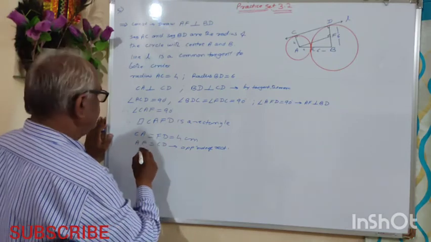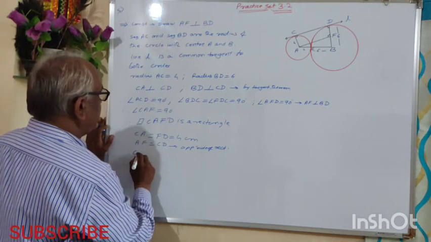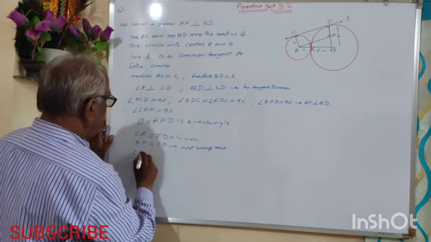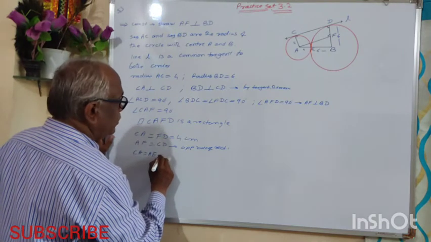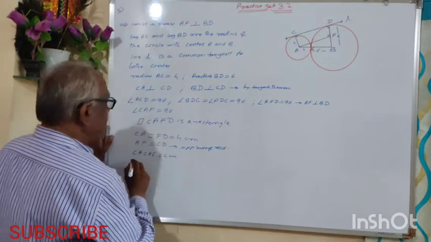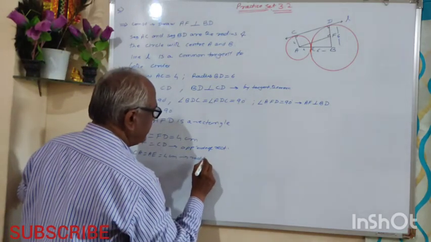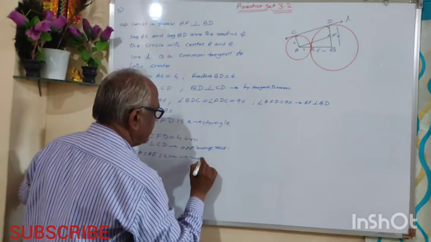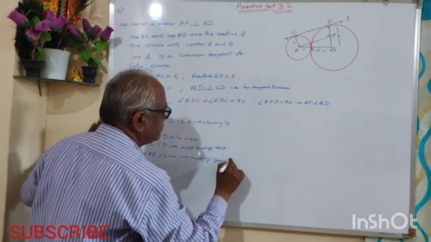Now CA is equal to AE, which is equal to 4 centimeter, and here radii of same circle.